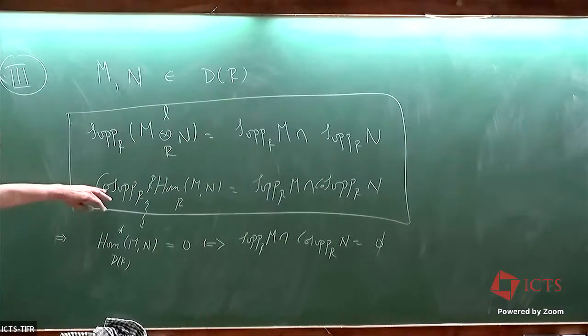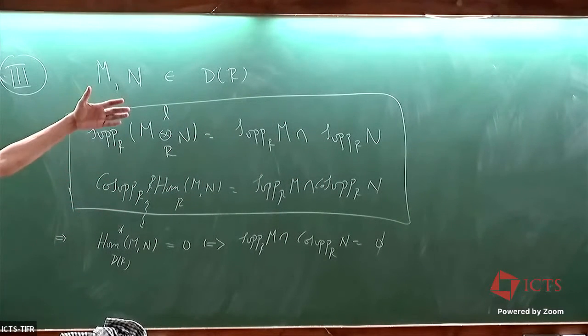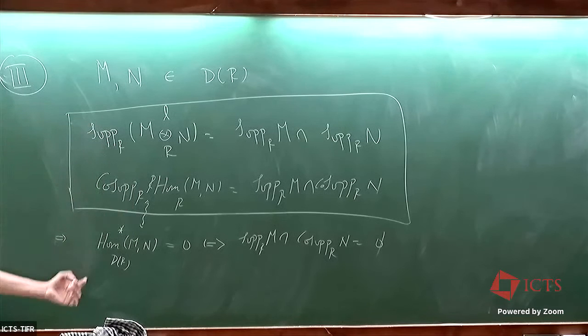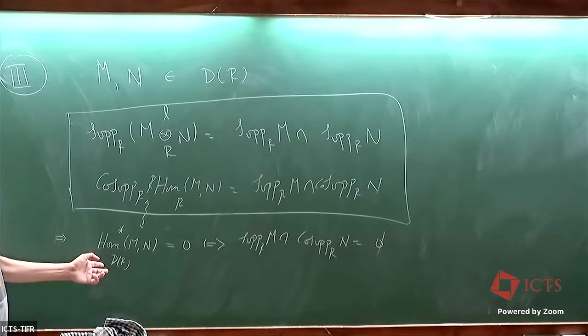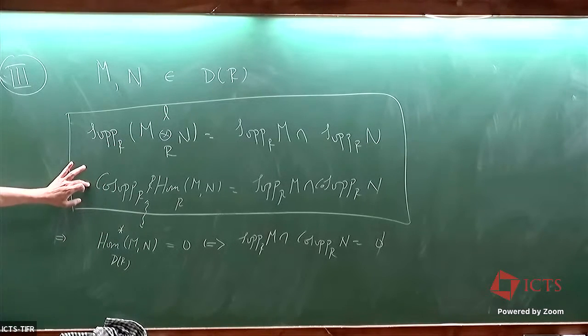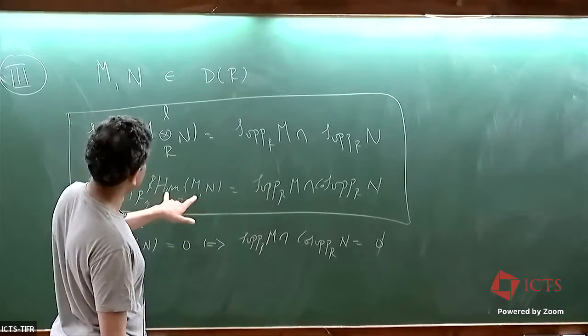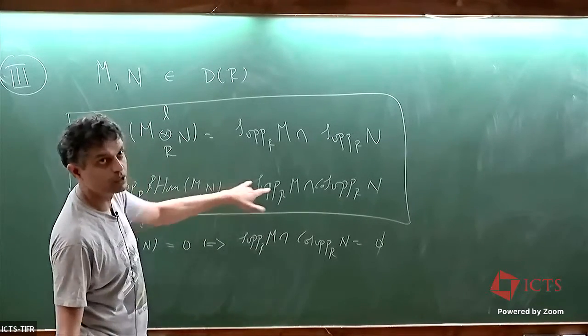I bring this up because so many of the concepts we have been discussing about cellularization and homology localization involve knowing when there is a non-zero map or when there are no maps between two objects. And this is why this formula is so important and interesting. It gives you a way to detect when there is a non-zero map between two things.